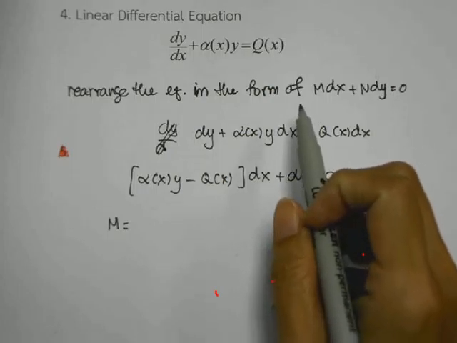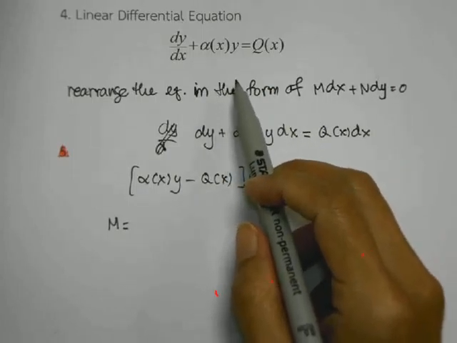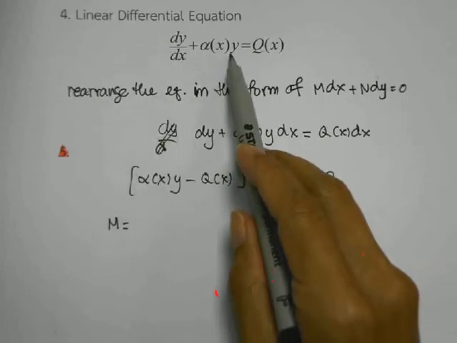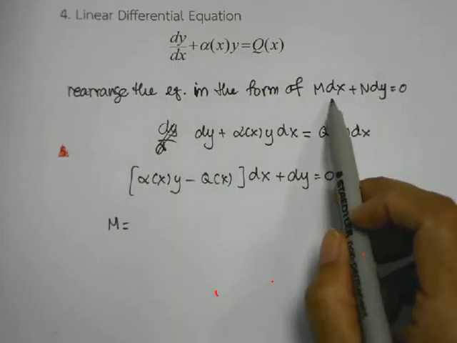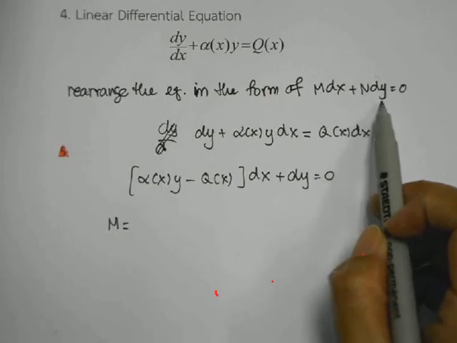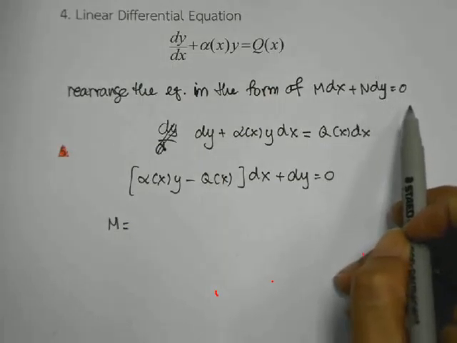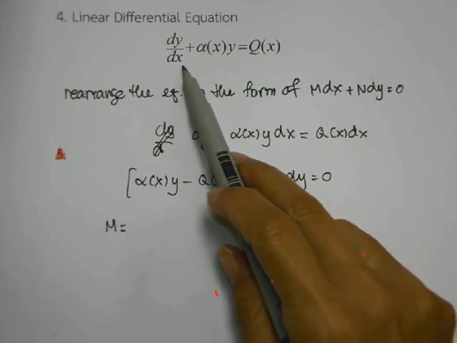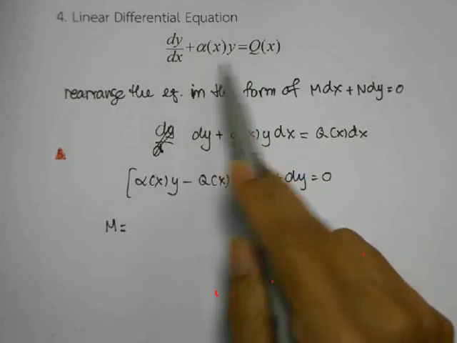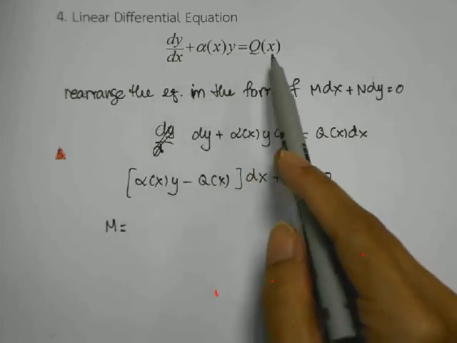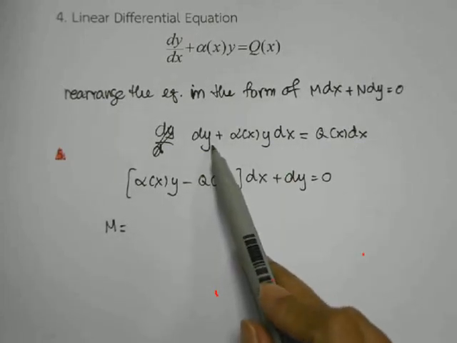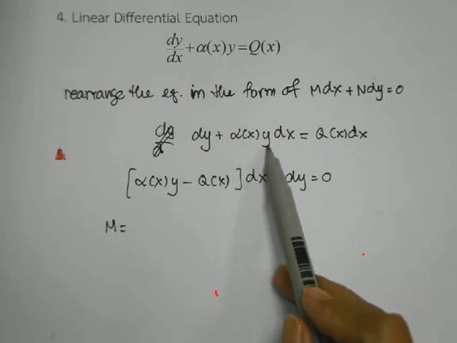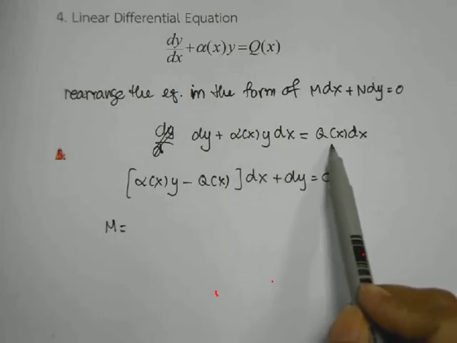The way to find the answer for this type of differential equation, we have to rearrange this equation in the form of M dx plus N dy equals 0. So the way that I did it is to multiply this equation by dx. When I do that, I get dy plus alpha(x) y dx equals q(x) dx.